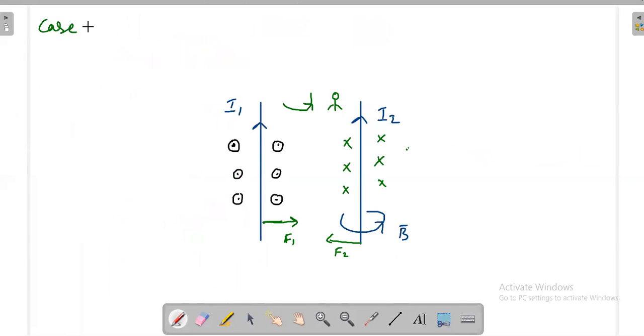In case 2, the current flows in the opposite direction. Now, what I'm changing is the direction of current I2, instead of in this way.